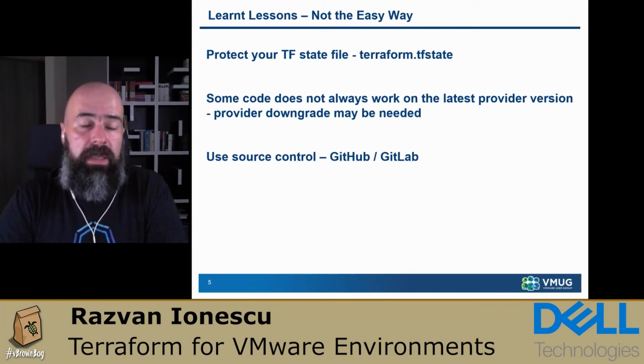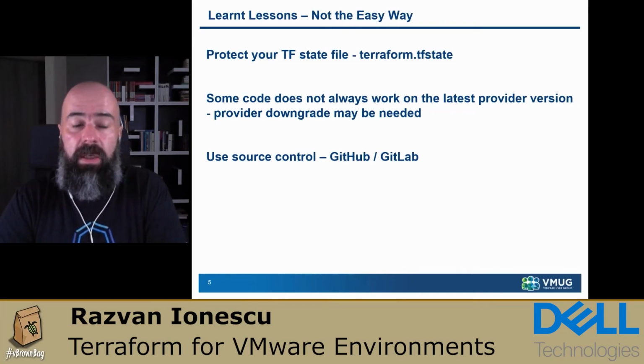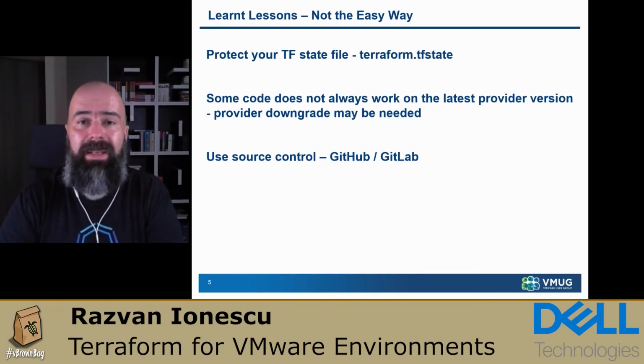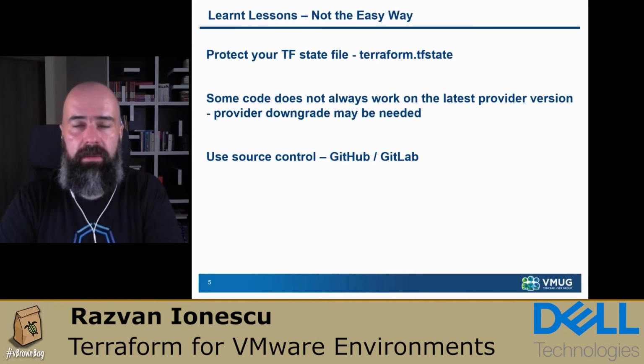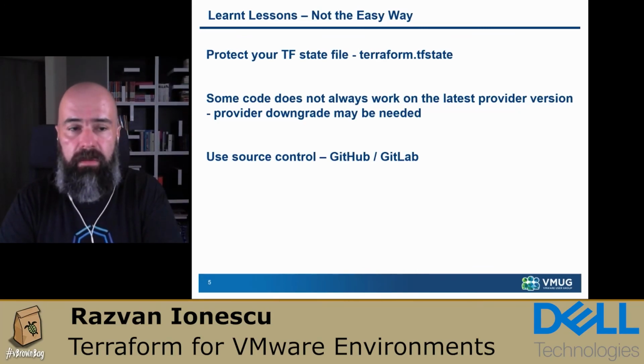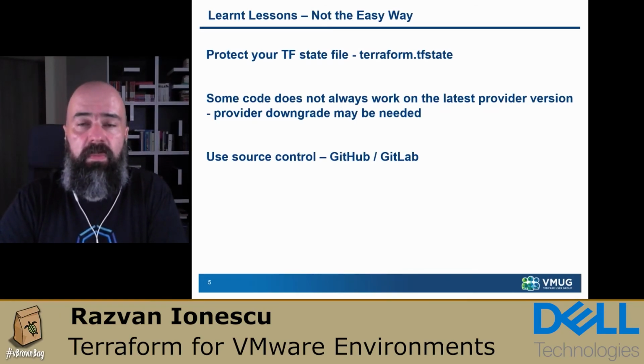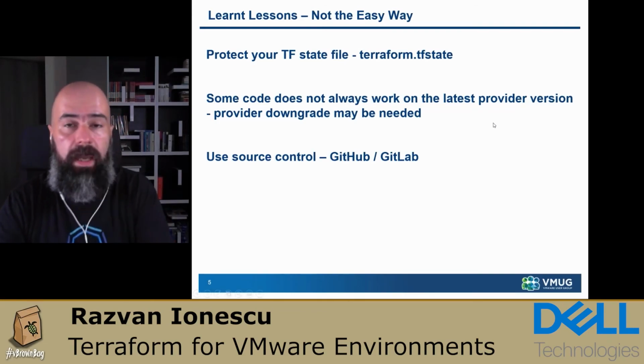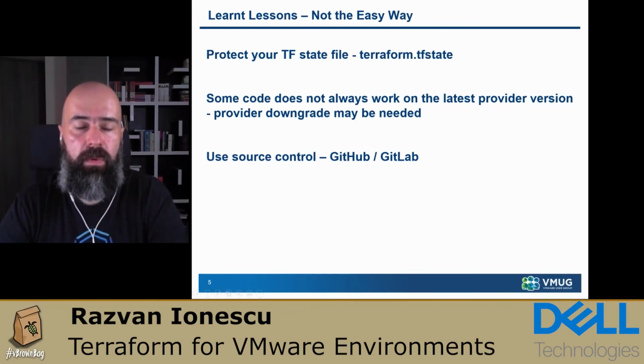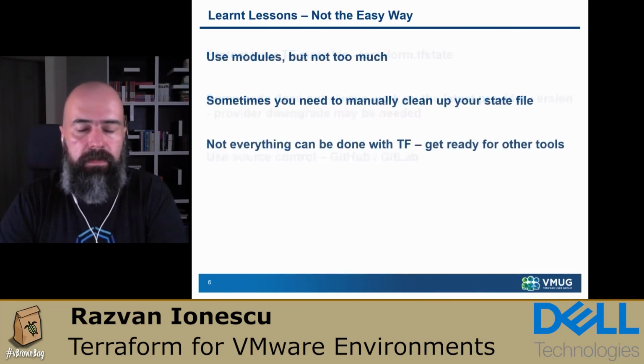Another lesson we've learned is that code doesn't always work on the latest version of a specific provider. So you may need to downgrade the provider by one or two minor versions until your code runs. Use source control for two reasons. One, you will have a backup of your code, and then you'll also have a way to revert if there are any mistakes.